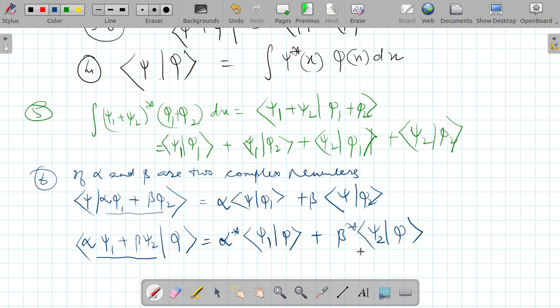So these are very important and interesting properties which we have to keep in mind. And there is another very important property relating to this.